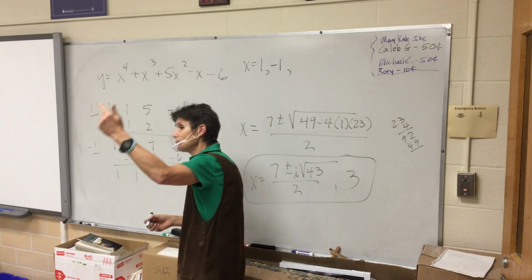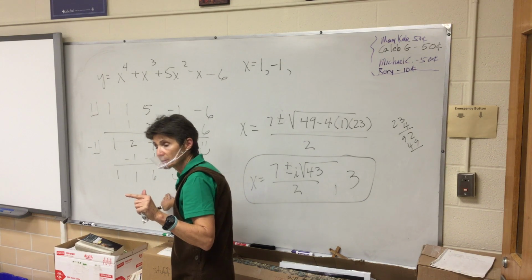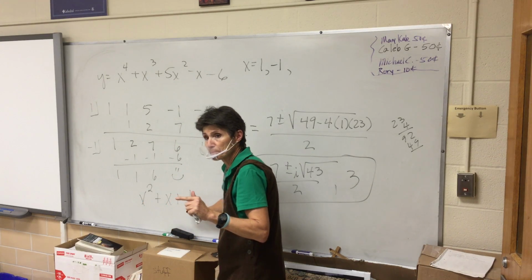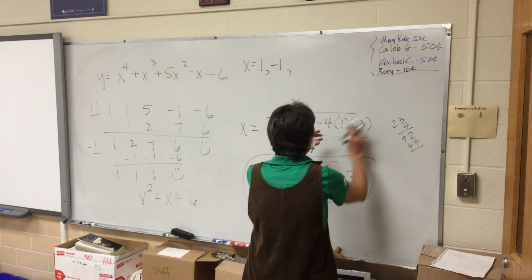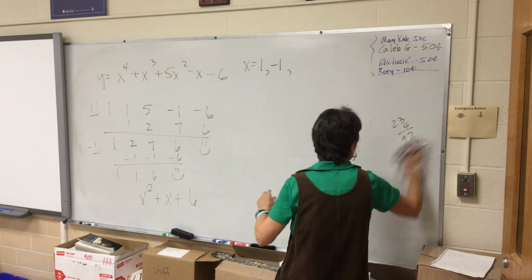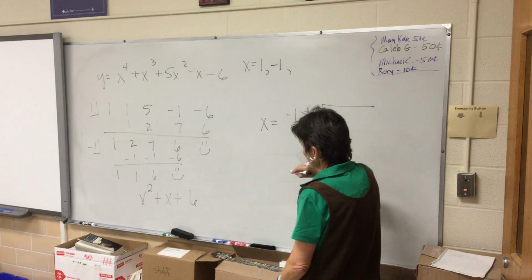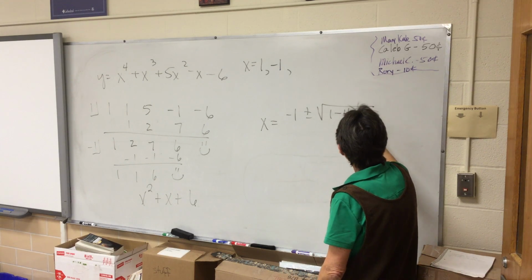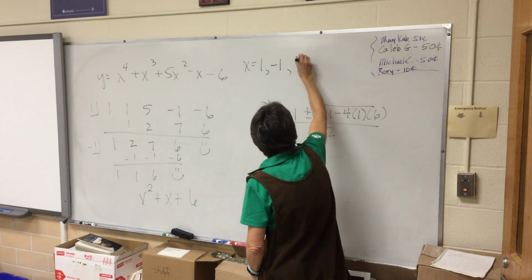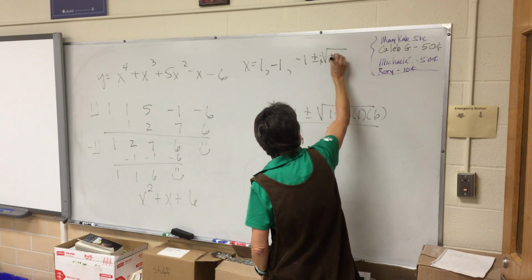And since I have now done 2 divisions, what is this that's left over? X squared plus x plus 6. Which, let's finish it, we can solve using the quadratic formula. So -b plus or minus the square root of b squared minus 4ac. -1 plus or minus i root 23.